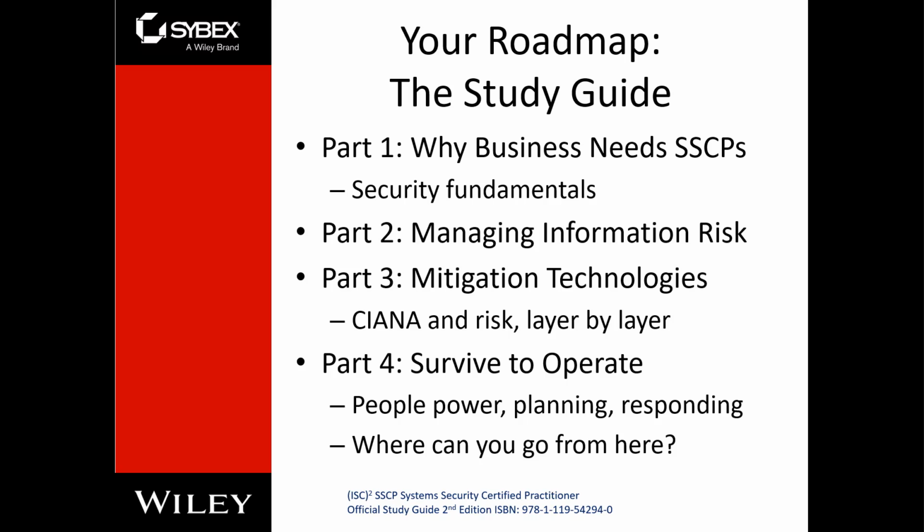Part 3 is going to be mitigation technologies, understanding risk layer by layer. Part 4 is going to be the survival to operate. That's going to be the people power, the planning, responding, and what to do, how to recover, how to survive so that you can operate. And that's going to include threats that may prevent organizations from operating.